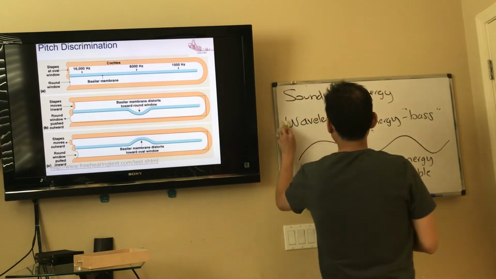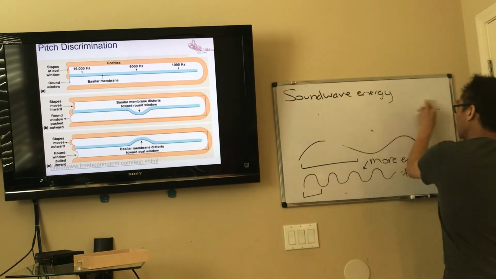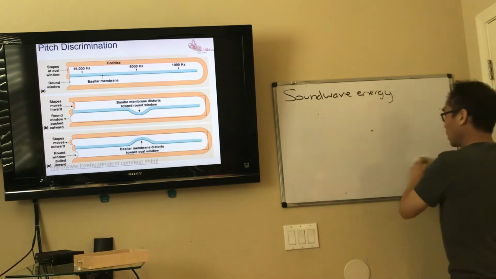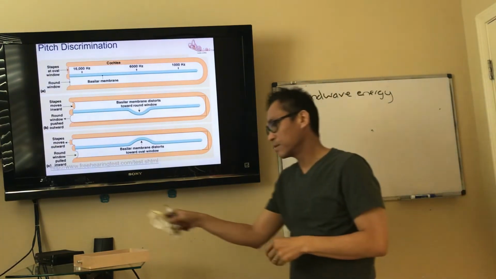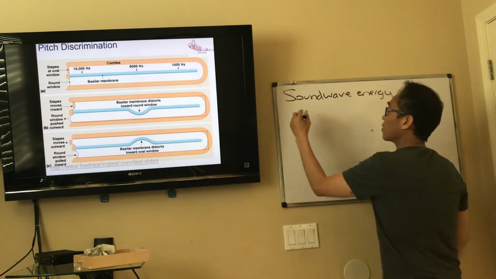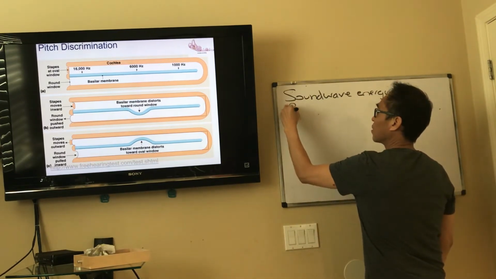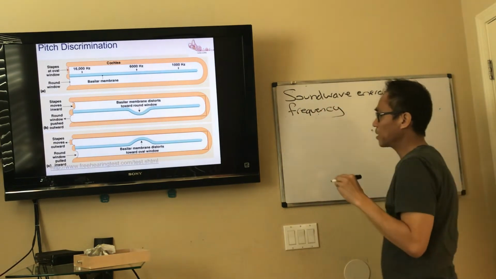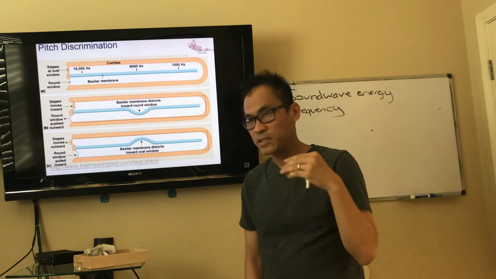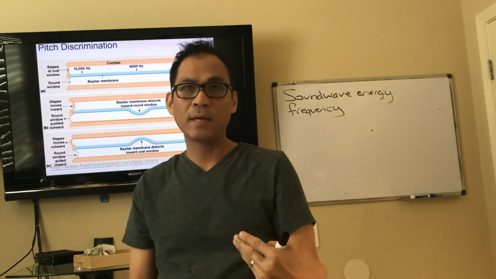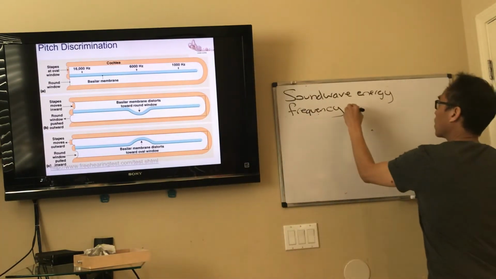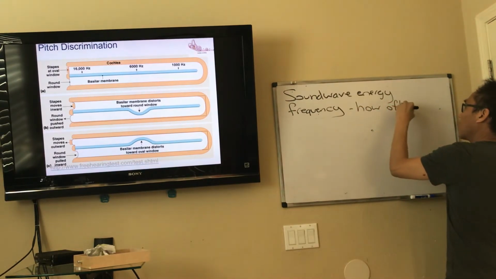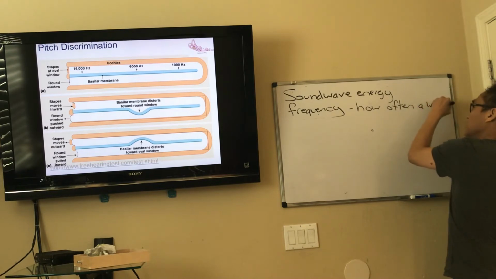One more definition before I draw that on the board here. We keep saying frequencies. We need to define that. Frequency is how often a wave passes a fixed point. In this case, we're talking about sound waves.